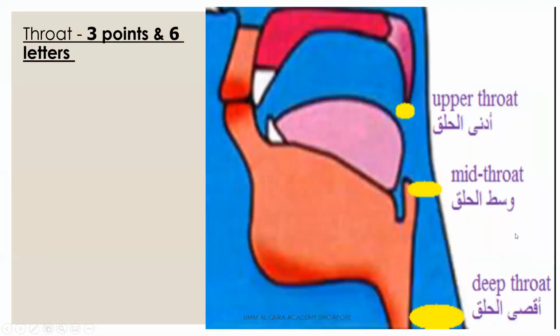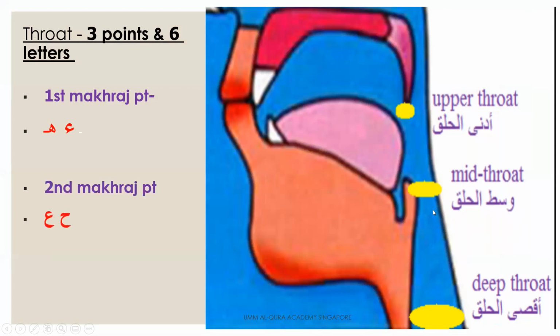Here we have the deepest throat, Aqsal Halq, from which we have Hamza and Ha. Then we have the middle throat, Wasat al-Halq, where we have Ain and Ha, and the upper throat, Adna al-Halq, from where we have Ghain and Kha.